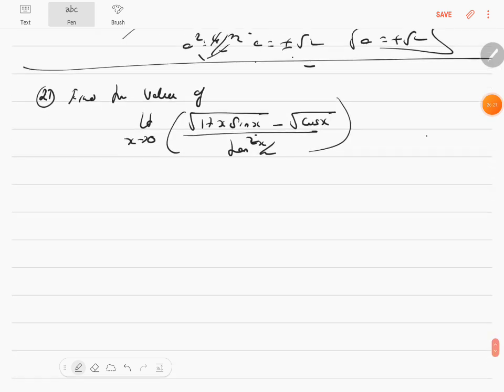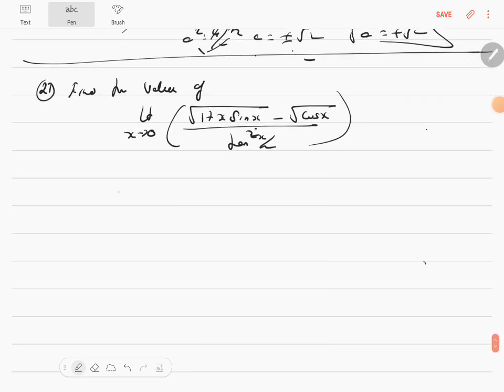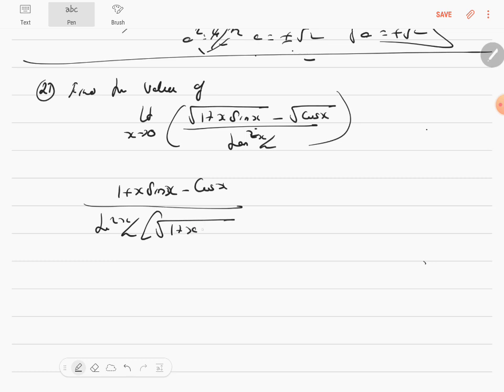The next question, as soon as you see this, you know you have to rationalize. So on rationalizing, you'll get 1 plus x sin x minus cos x by a tan square x by 2 into root of 1 plus x sin x plus root cos x, and limit x tends to 0.